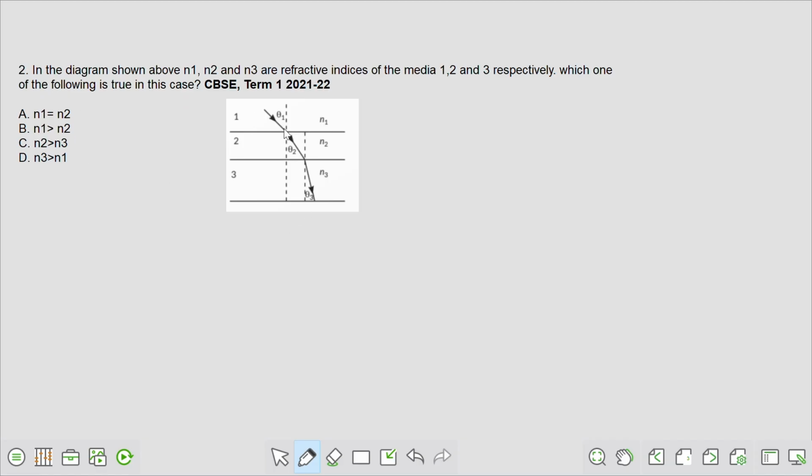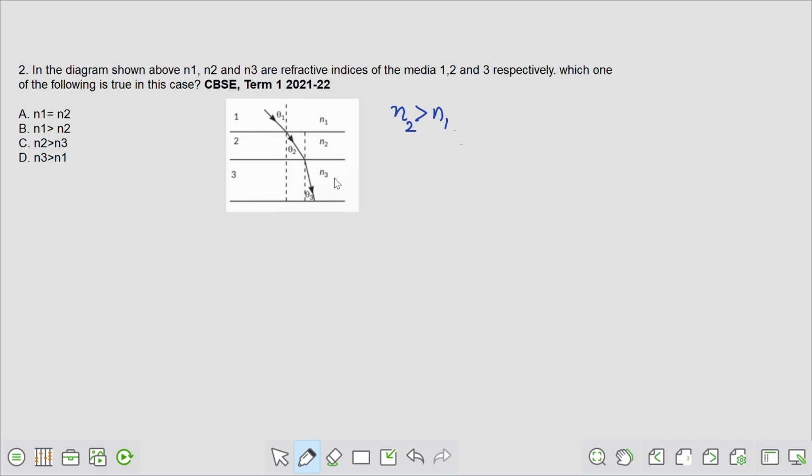Now analyze the diagram. Here N1, N2, N3, 3 different refractive indices are given. Let's compare N1 and N2. When you compare N1 and N2, you can see that there is a slight bending when light enters medium 2. Since there is a bending, we can say that the refractive index of 2 is greater than 1.